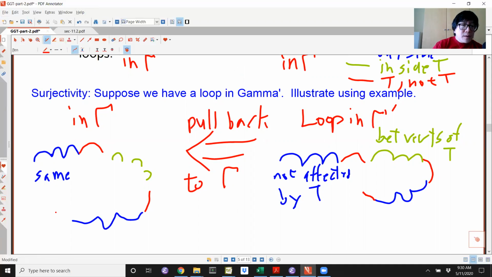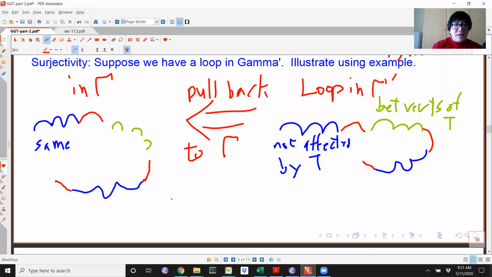But there are two problems that show up here, and they both end up being fixed by the same idea. So let me indicate what's going on over here. I need another color. So many colors.